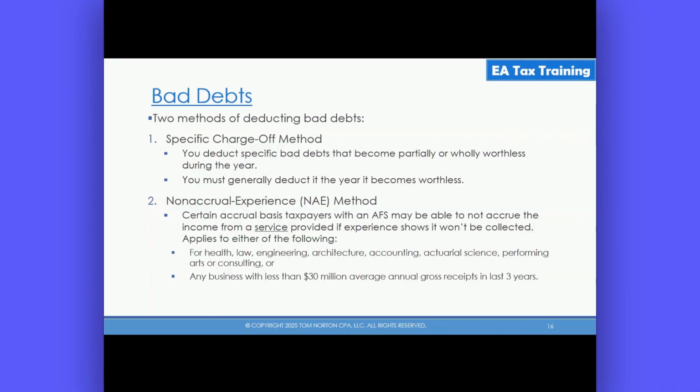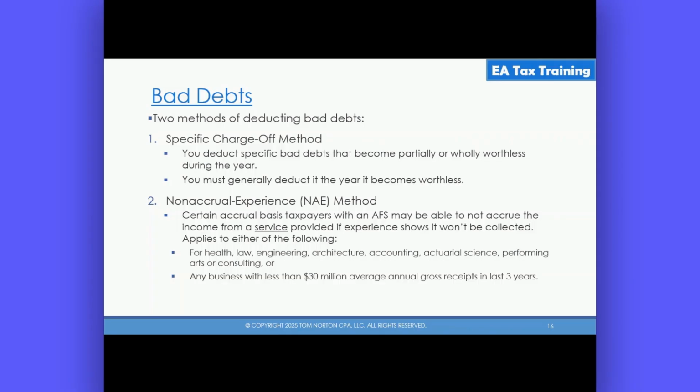But what happens is you've got, let's say, law firms. They're doing their business. They are billing their clients. They know from experience that there's going to be a certain amount, a certain percentage that they are not going to collect. So let's say from experience, they know that 3% of all of their invoices are not going to be collected. What they can do is they can just deduct every year 3% as bad debts.